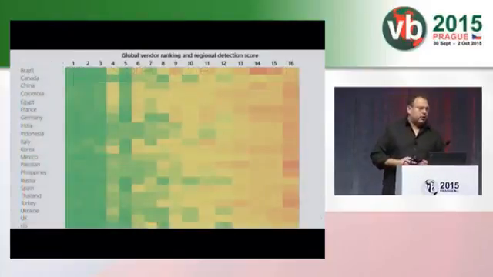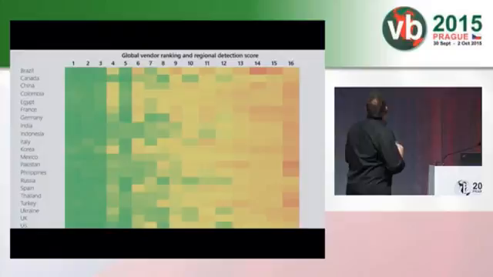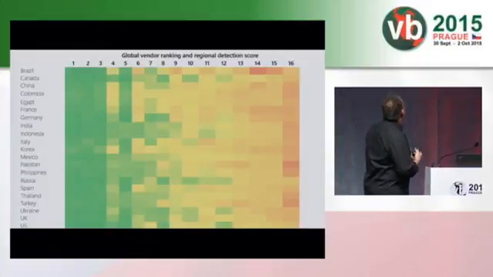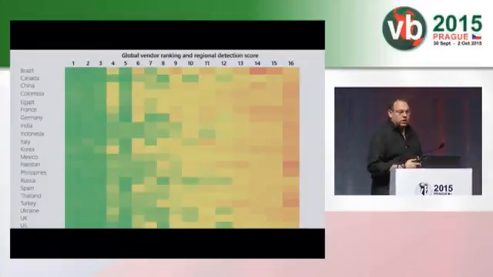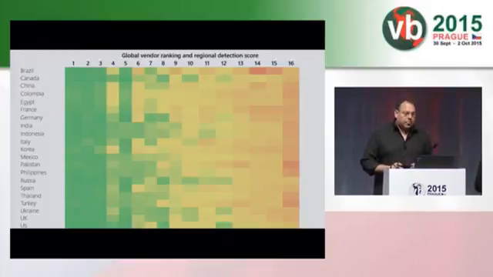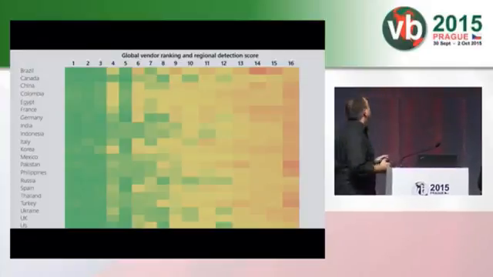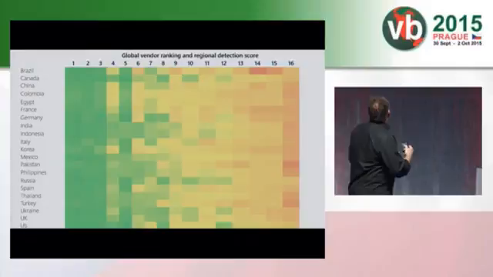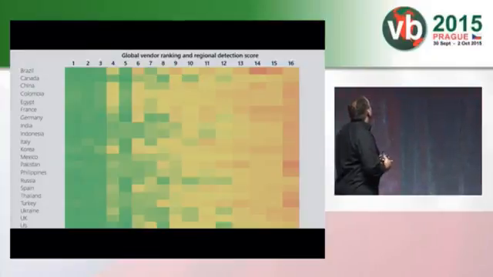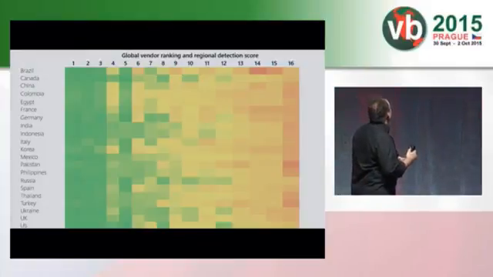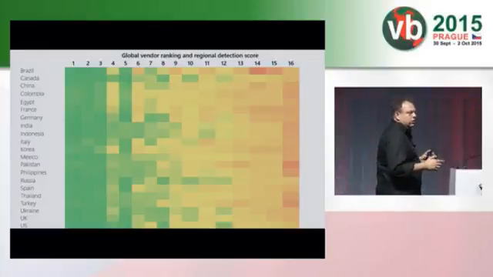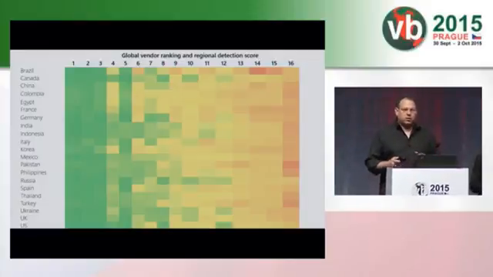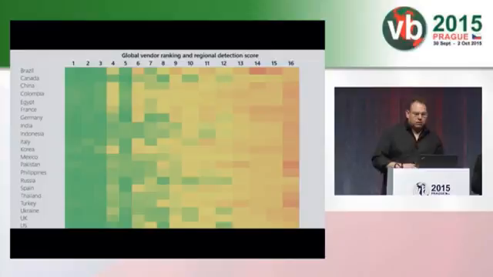If we have a look at another table, the global vendor ranking and the regional detection score, which is very, very interesting. You can see that the top vendors are detecting very well in each country and each geolocation. But the vendors which are not so good in detection are missing in other geographical locations.